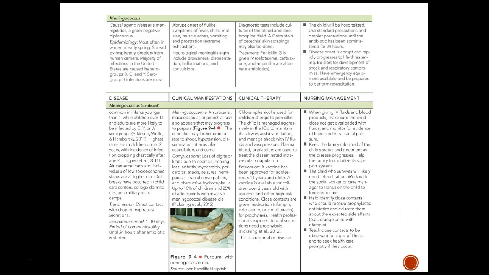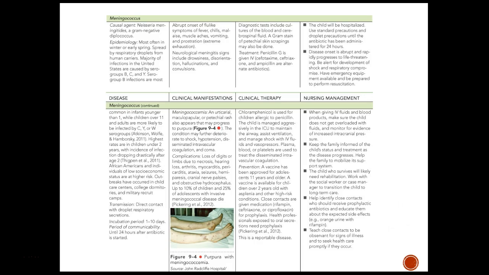You often find an urticarial maculopapular or petechial-like rash, and that progresses. And sometimes you may find complications of shock, hypotension, or even DIC in these people, and it can progress to the point of coma and even death.